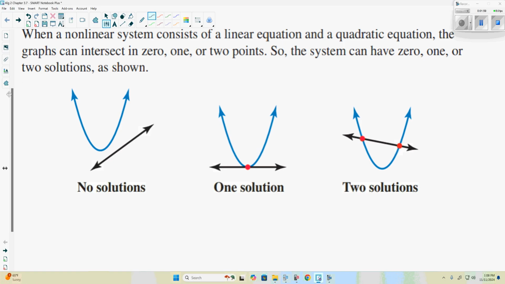This one is unique, because with lines it's either one, none, or infinitely many. Here we can actually have two. And with a line and a parabola, there's not going to be infinitely many, because a line and a parabola are not the same shape, so they don't overlap.